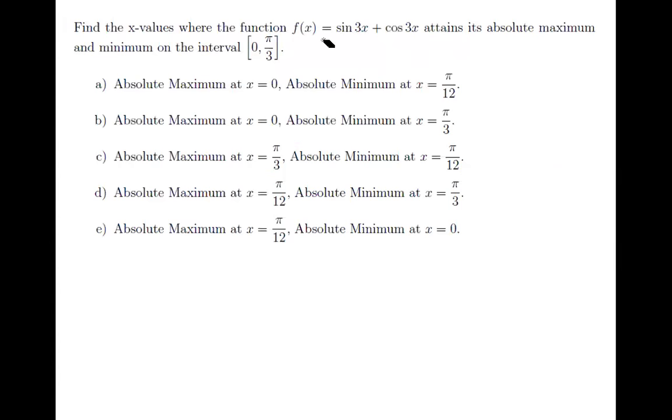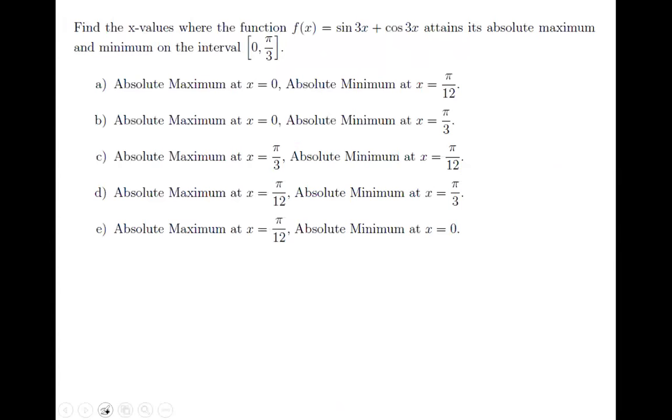We have the function sine 3x plus cosine 3x, and we have to find the highest point and the lowest point on that interval. Actually, we don't even have to compute these values, only the x values. That means only where this occurs.